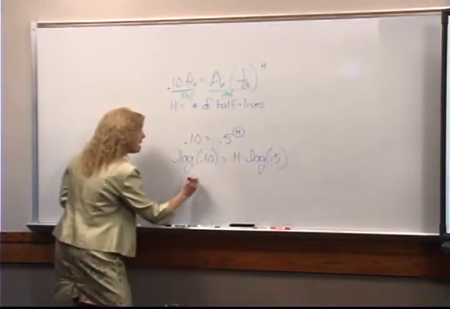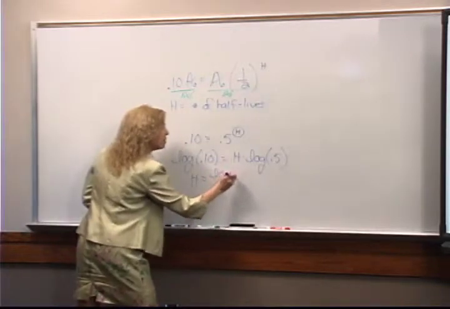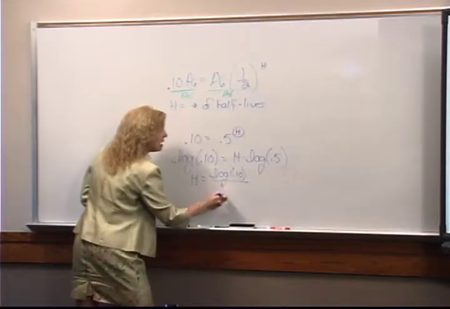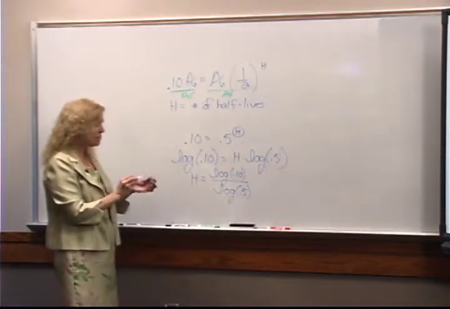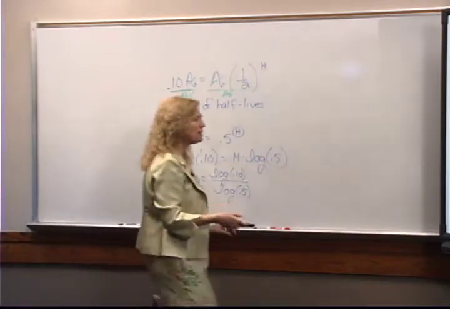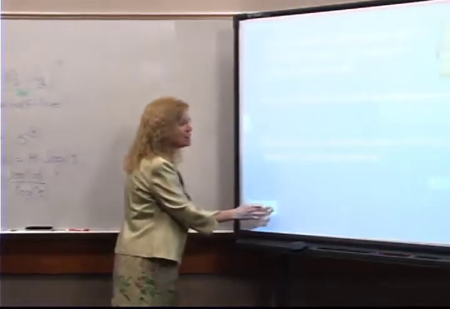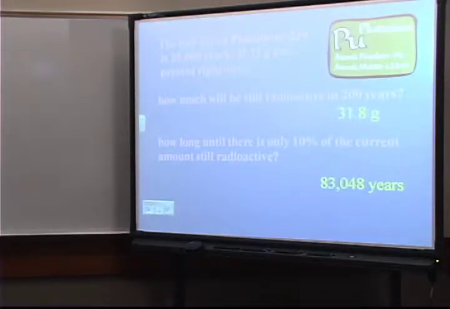So the number of half-lives would be log of 0.10 divided by log of 0.5. That'll tell you how many half-lives. Then multiply times 25,000, and we come up with a whopping 83,000 years.